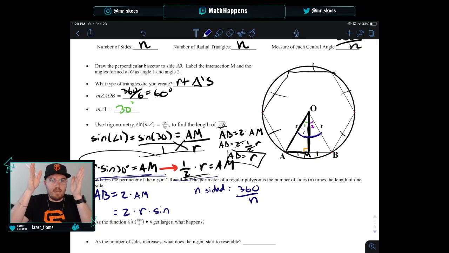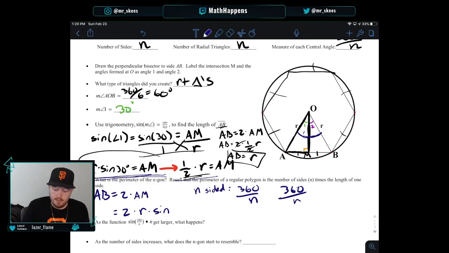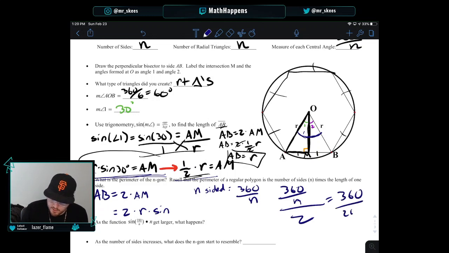So then we're going to take that 360 divided by n. What did we do with the 60? We divided it in half because of the bisector. Well, what are we going to do with the 360 divided by n? We're going to divide it in half, which comes out to be 360 over 2n. Just believe me.